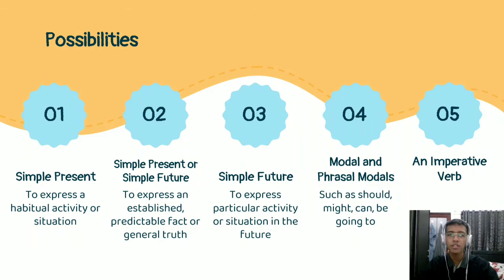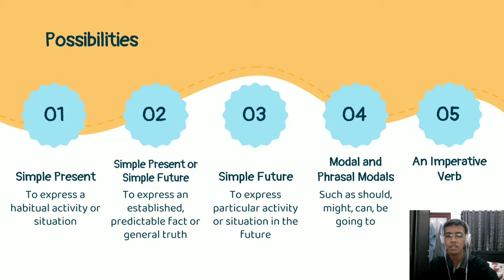There are five possibilities for the type of verb that can be used in the result clause. The first one is simple present, which can be used to express habitual activity or situation. The second one is simple present or simple future, which can be used to express an established predictable fact or general truth.